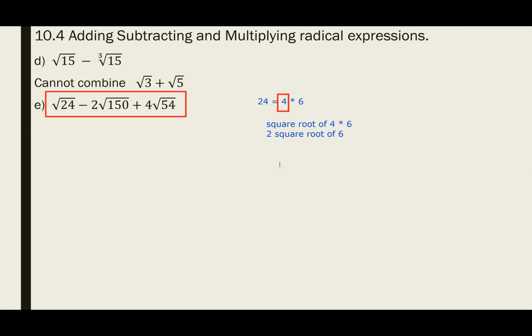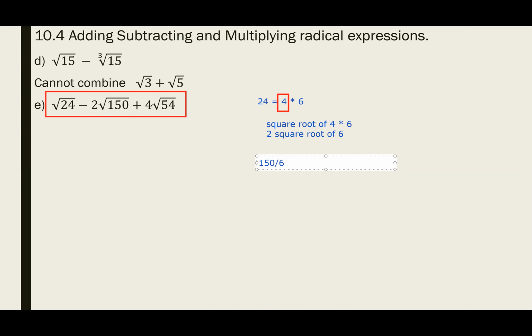Why do I emphasize this? Because if inside a square root the remainder is 6, what you want to ask yourself is, can 150 be divided by 6?